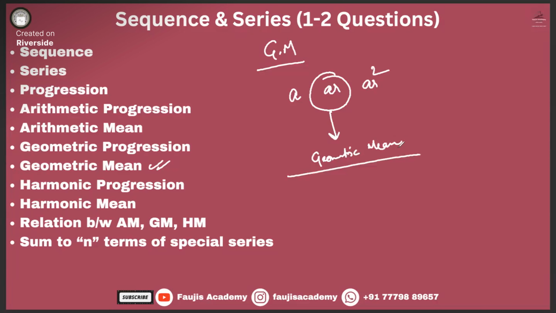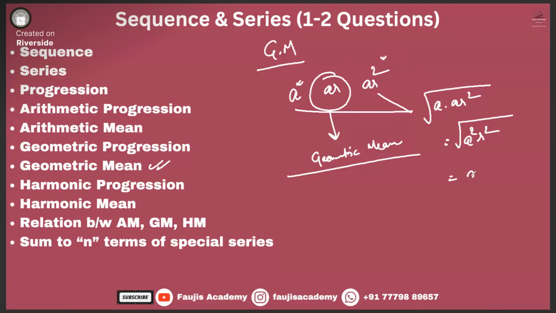This middle term is called your geometric mean. And how do you find that? We just take this term and this term, A into AR square, which is root under A square R square, which is nothing but AR.